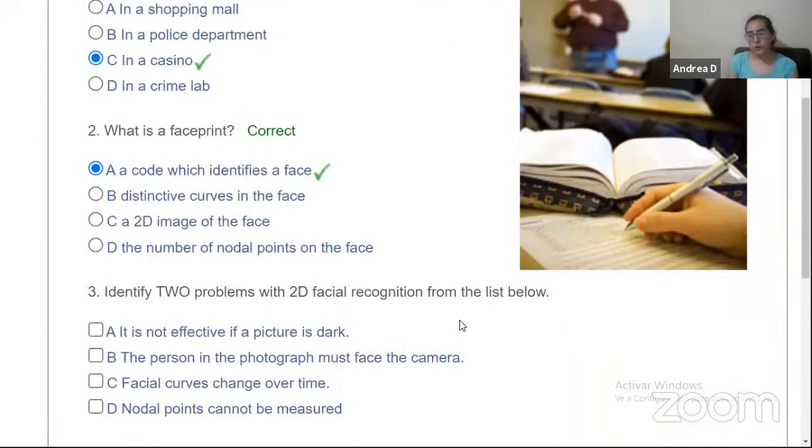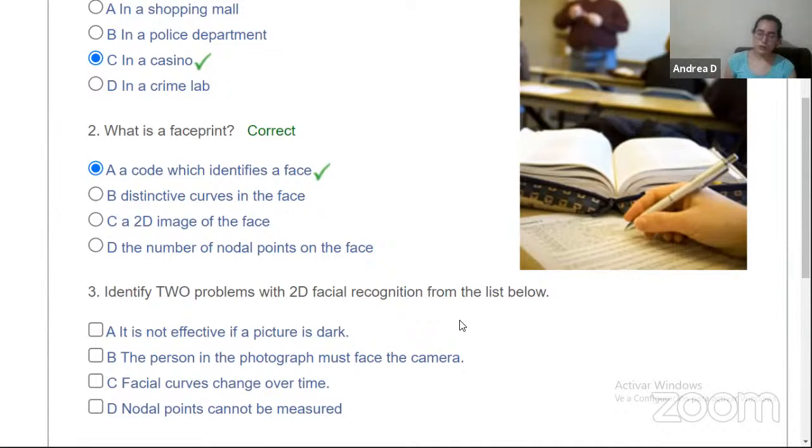Now we have the third one. Maybe Diego. Identify two problems with 2D facial recognition from the list below.